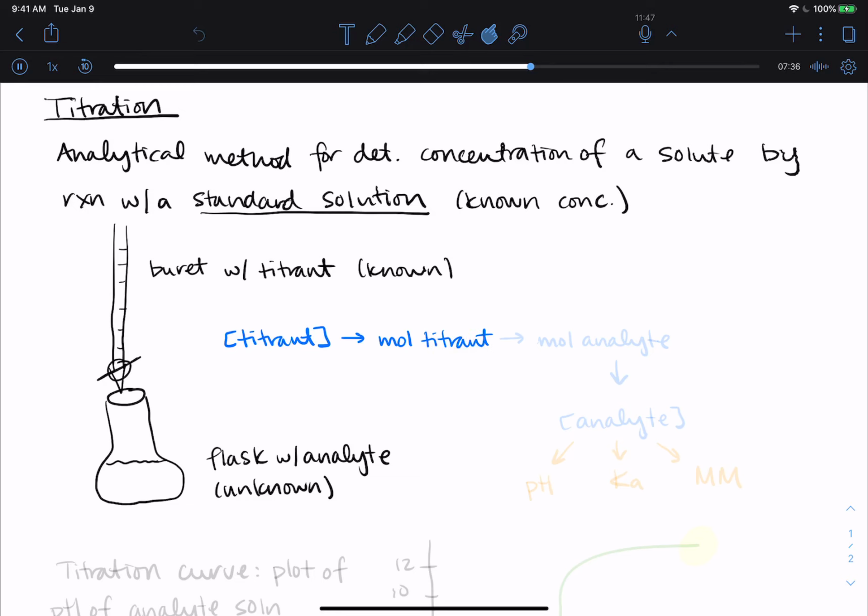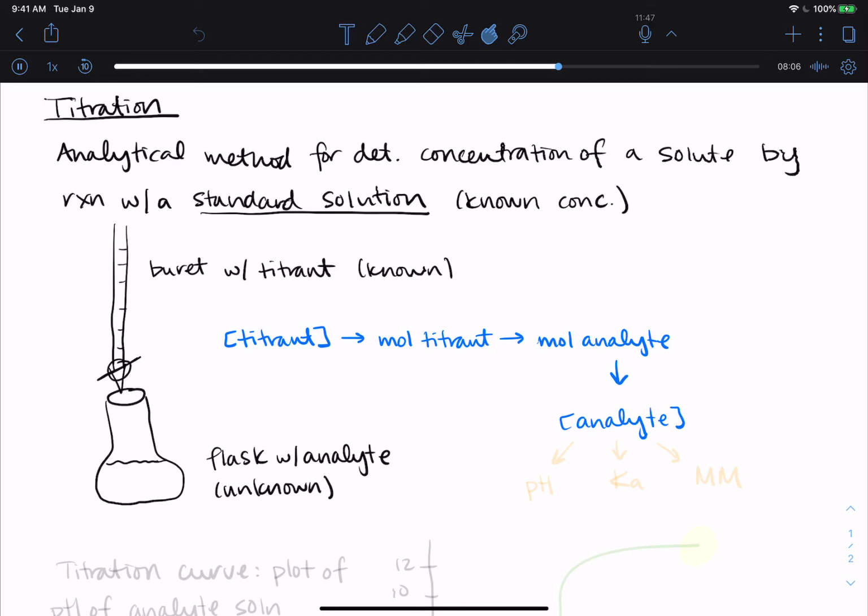And because you will know exactly how these react, it's usually a really simple acid-base reaction where it's a 1-to-1 mole ratio of titrant to analyte. You can use the stoichiometry here to get moles of analyte. And those moles of analyte, if you know the volume of solution you started with, you can get the concentration of the analyte.